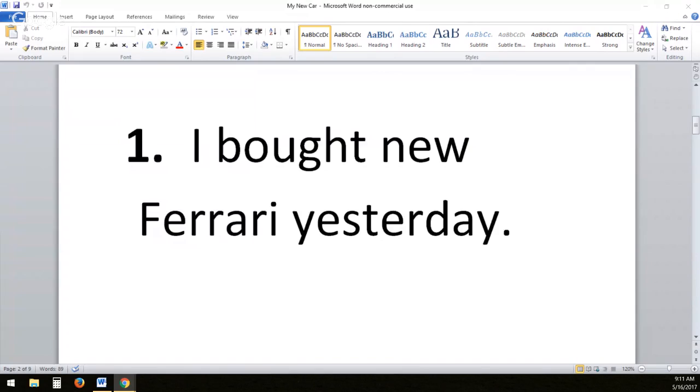What do you think is the mistake? I'll give you just a moment to think about it, and then we'll see if your answer is correct. Write it down, put it in the comments in the chat box, and see if you can write the sentence correctly. Try to write the full sentence correctly.